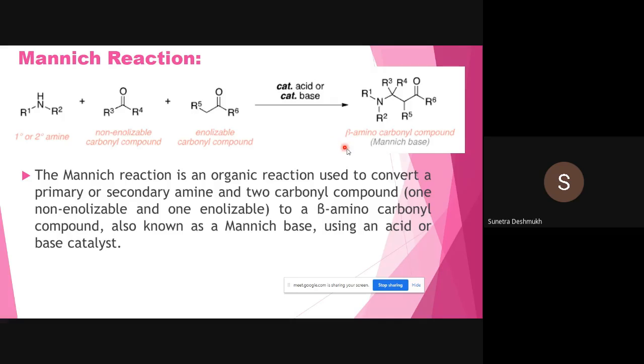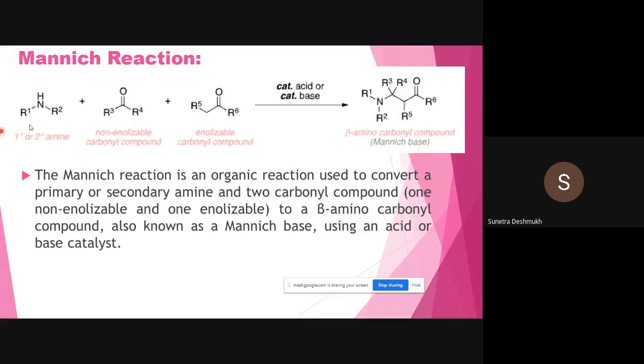And the product is the Mannich base, that is a beta amino carbonyl compound. So at the beta position, a nitrogen-containing group is getting attached. So a beta amino carbonyl compound is the final product of the Mannich reaction.